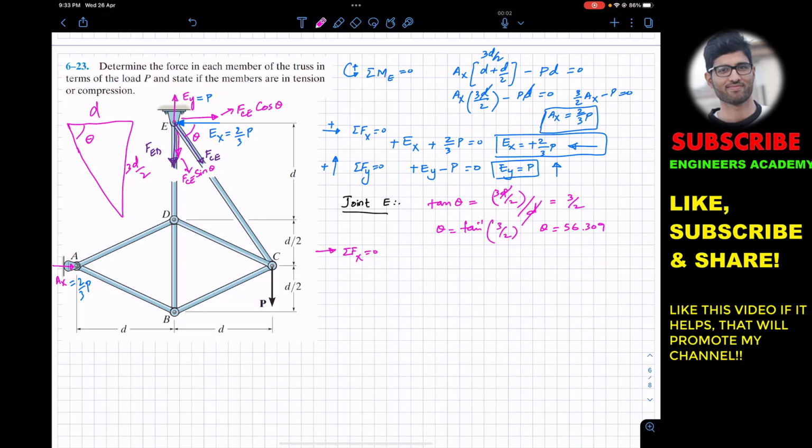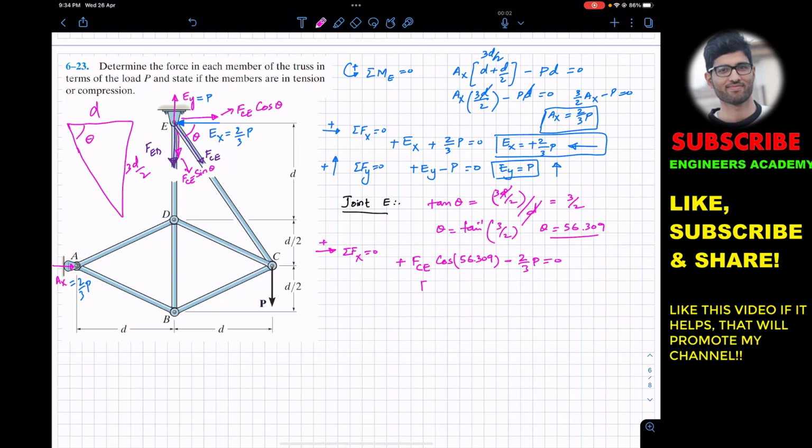Towards the right is our positive X direction. As we can see, this FCE cos of theta is acting towards the right, so we write plus FCE cos of theta, where theta is 56.309. Similarly, we have this EX, which is acting in the negative direction, so we write minus EX, and EX's value is 2 divided by 3 P. This is equal to 0.